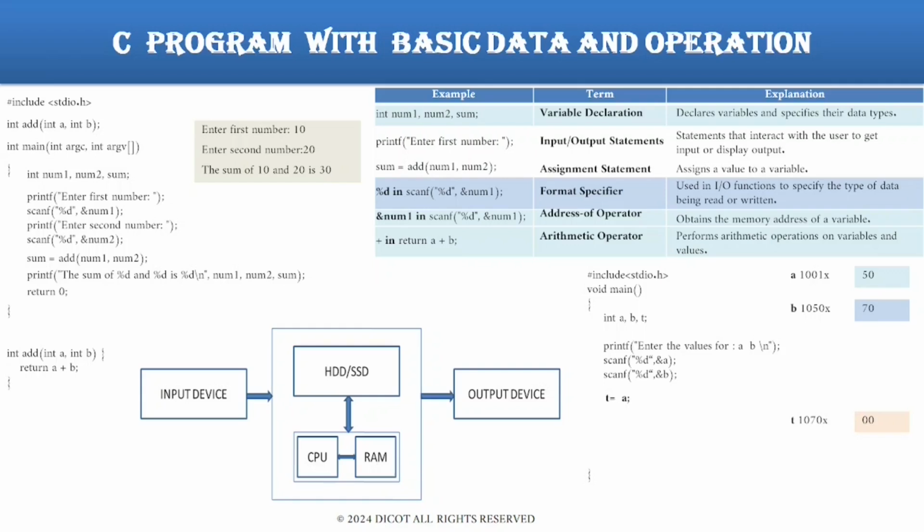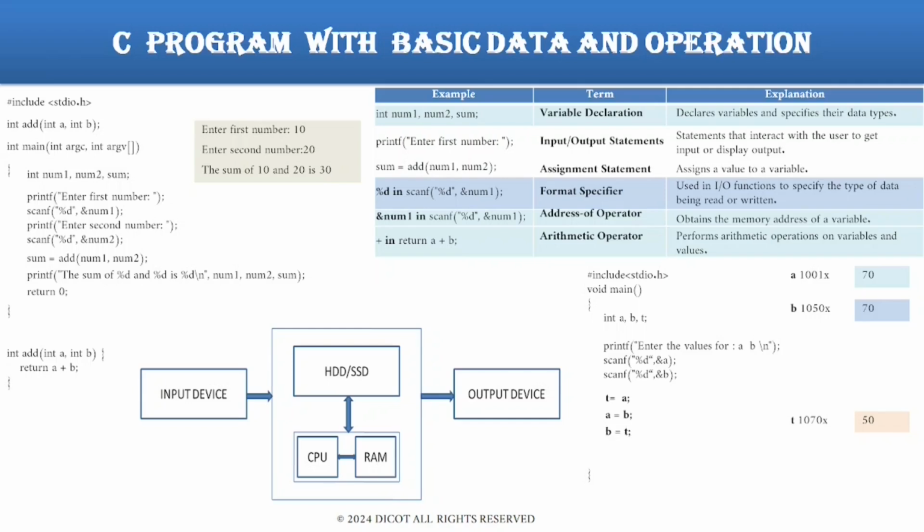So let's store the value of A into T. This is the assignment statement. It means you are assigning the value A to T. So T will store 50. Next, A assigned B means 70 is moved to the memory location of A. So 50 is overwritten. So at both places we have 70. Now who holds 50?